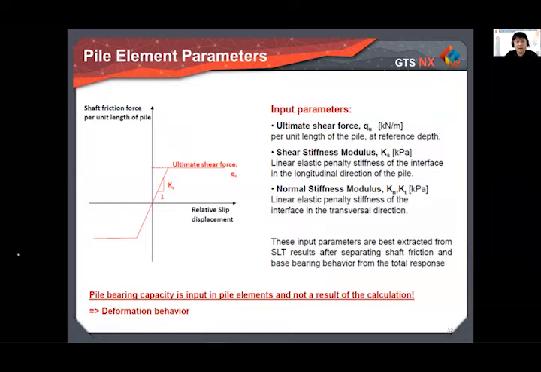This is the graph with the shaft friction and the relative displacement. And the ratio of the shaft friction and the displacement is the input of the shear stress modulus. So pile bearing capacity is input in pile elements and not a result of the calculation in the FEM software.